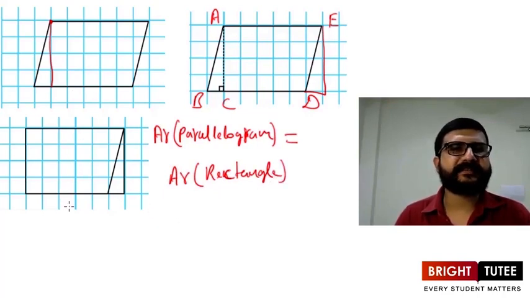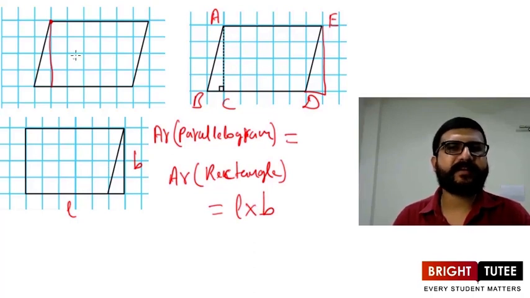Now let's take length as L and breadth as B. So we know area of rectangle is equal to L into B. So it means area of parallelogram is also L into B here. So here what we have seen, we have just observed that a parallelogram can be transformed into a rectangle, and area of parallelogram will be equal to area of rectangle, and we know how to find area of rectangle.